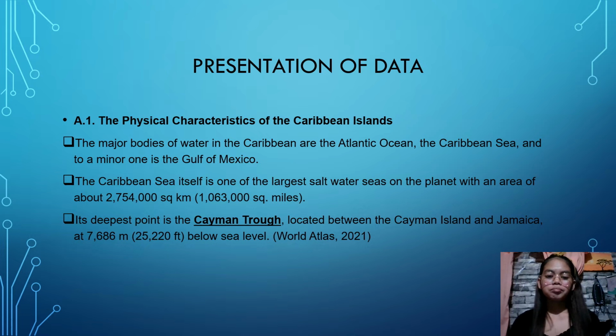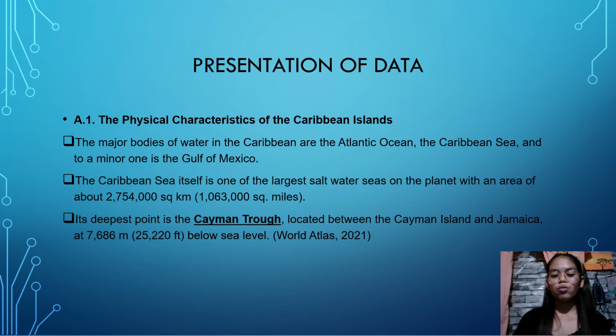And Cayman Trough is the deepest point, located between the Cayman Islands and Jamaica at 7,686 meters, or the equivalent of 25,220 feet below sea level, according to World Atlas 2020.